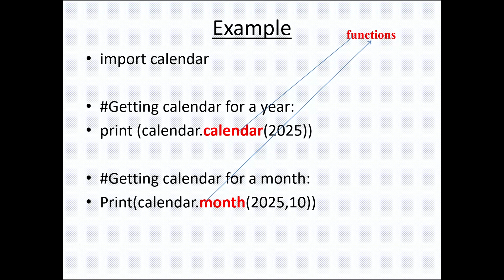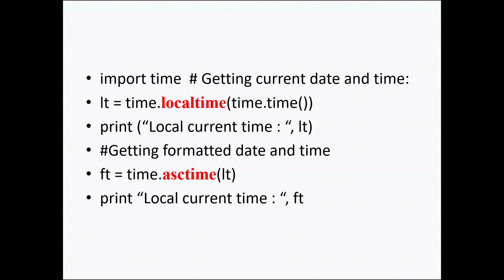Getting calendar for a month. Here we use the function month. calendar.month, we call the function month. The arguments are 2025, 10. So it returns the calendar of October month. And then getting current date and time.